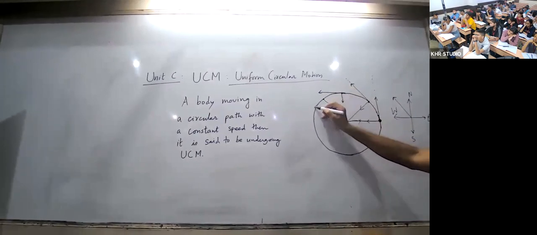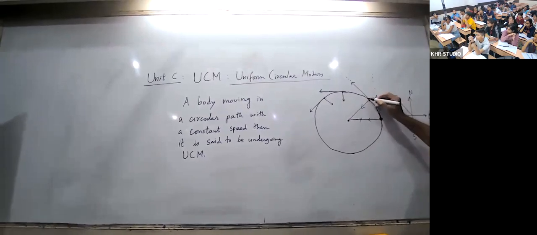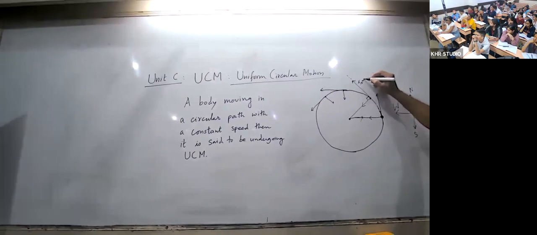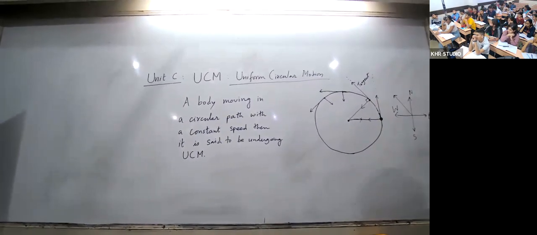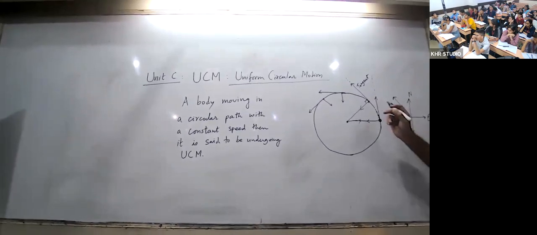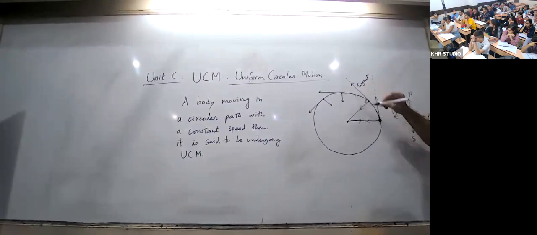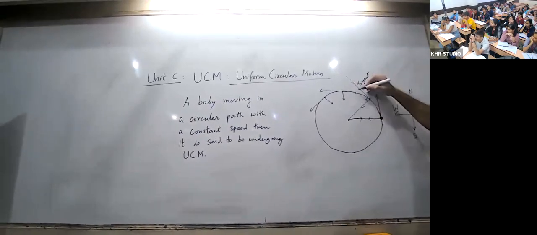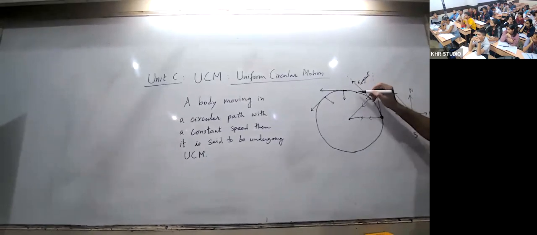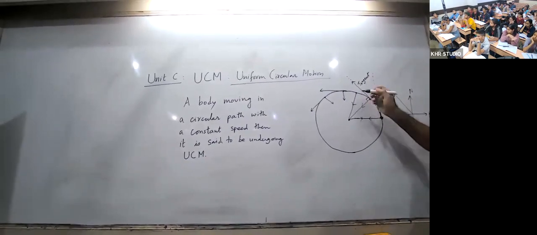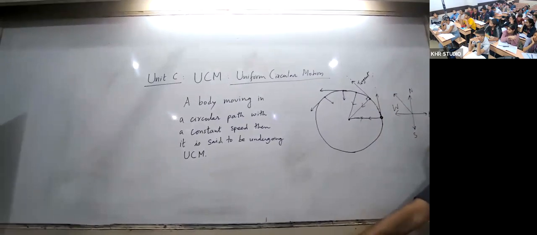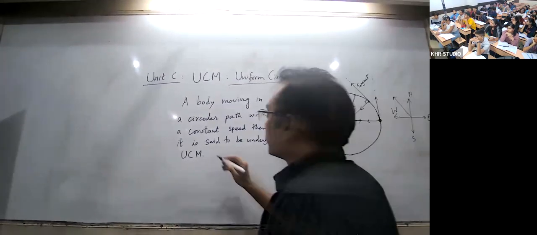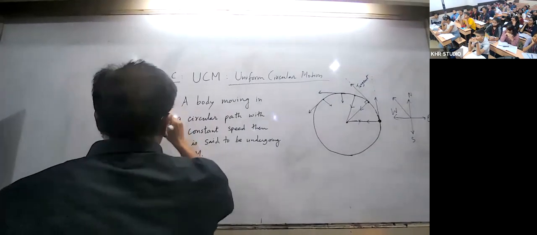Otherwise, it will not change. The direction of velocity at any point during UCM is along the tangent. So velocity direction is along the tangent and force direction is towards the center. Since the force is acting towards the center, it is called centripetal force. So this is the definition of UCM.